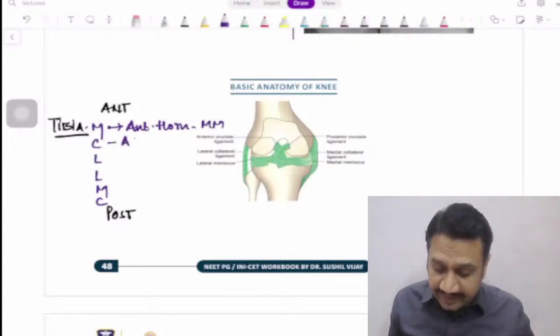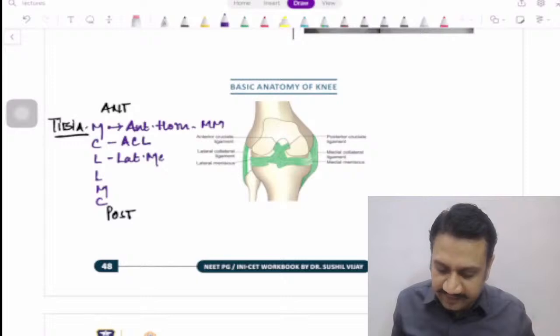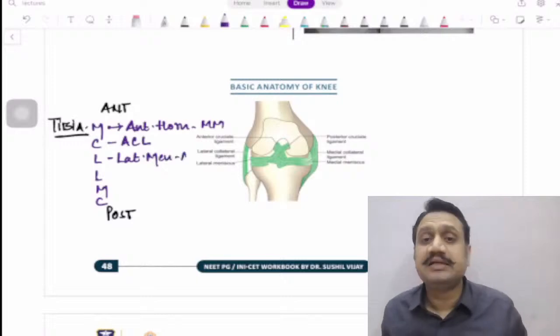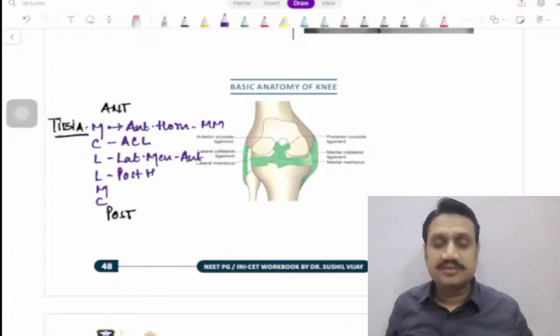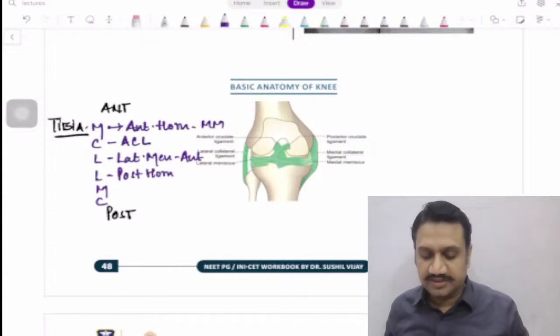Then we have this L here, the posterior horn of the lateral meniscus. This is the posterior horn of the medial meniscus. And then we have the C, the last structure in the knee, the PCL, the posterior cruciate ligament. Please remember this is the sequence of arrangement of the structures in the knee.